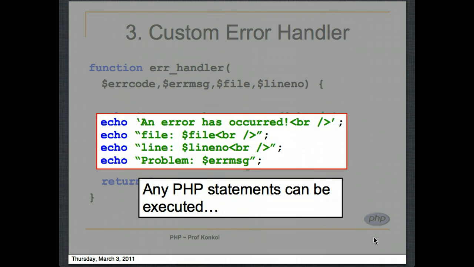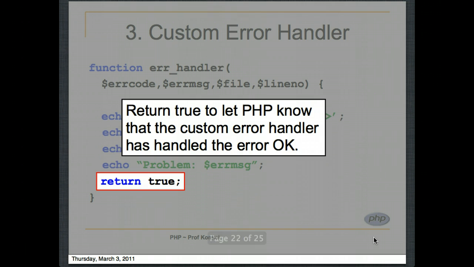Any PHP statements can then be executed. The return true lets PHP know that a custom error handler has handled that error okay, so do not put your own PHP ugly message on the browser. That's what it's telling the compiler. We've already handled it. Do not try it yourself, PHP, whatever version of PHP it might be.